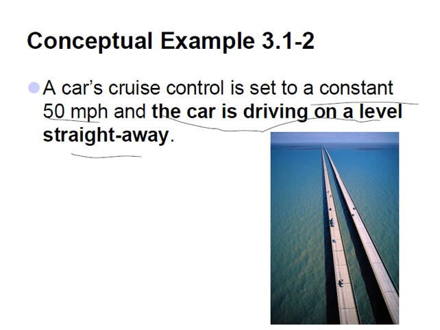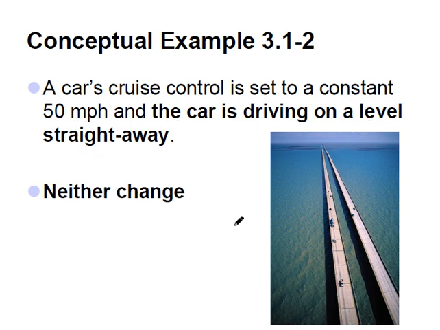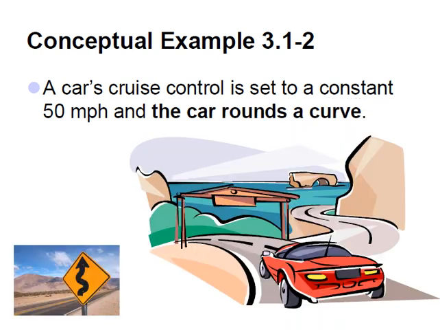So therefore neither changes. There's no change in your speed because you're going 50 miles per hour here, 50 miles per hour here, and 50 miles per hour here. It's set in the problem, going with a constant speed of 50. So therefore neither changes.